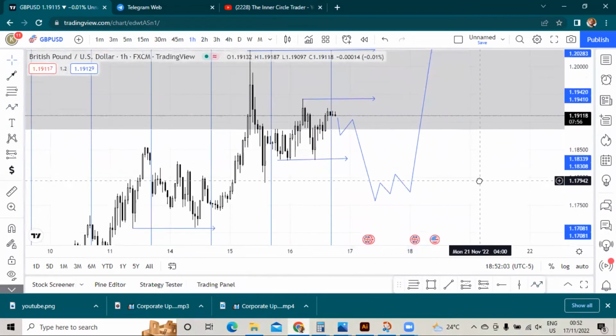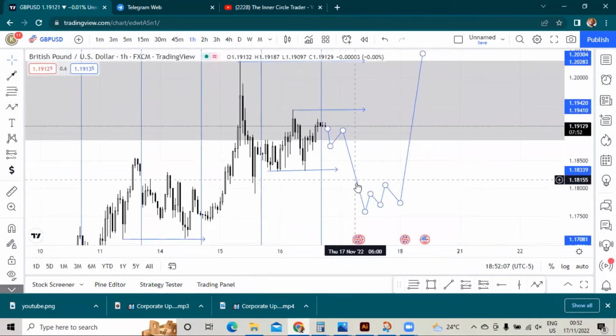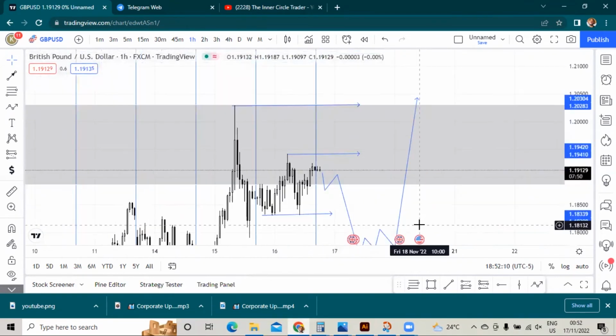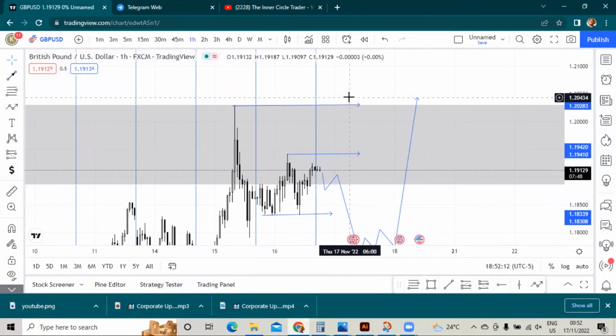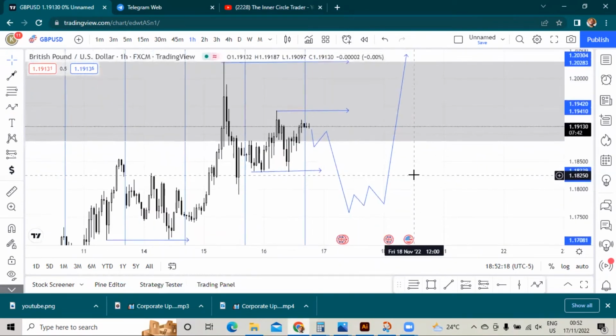By doing this, you have successfully taken out the sell liquidity and caught the move that will take out this buy side liquidity. That's how the market works, basically. So let's see the next bullet point.